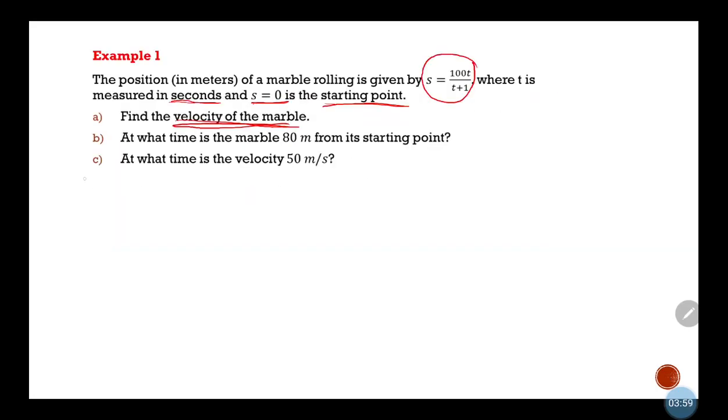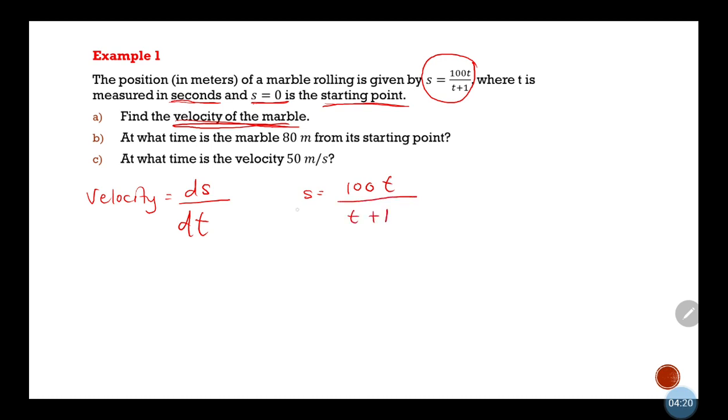So velocity is ds over dt. Now we have s as 100t over t plus 1.